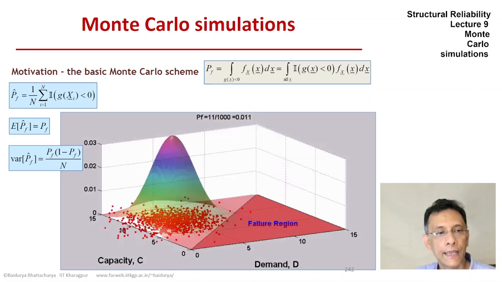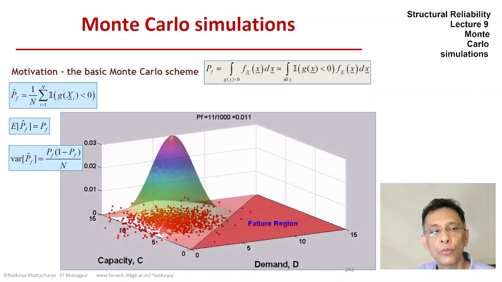Let's run the movie again. What we are doing is we are generating points in the space of C and D, where x is just two random variables C and D. So we are simulating points according to the joint distribution of C and D and counting those that are in the failure region.